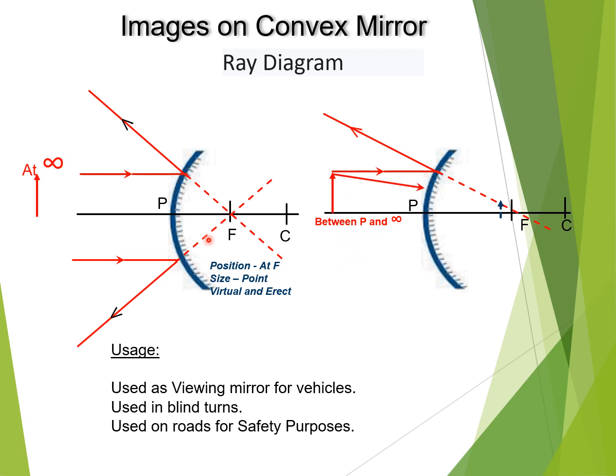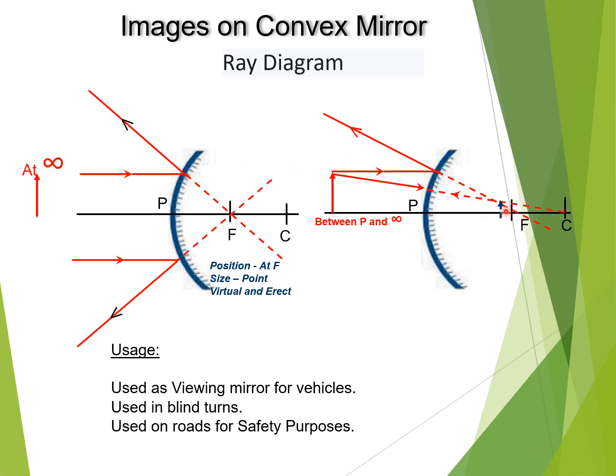And the second ray shall be appearing to be going towards the center of curvature, C. And then of course, if it is going towards the center of curvature, it will reflect back, it will trace back.